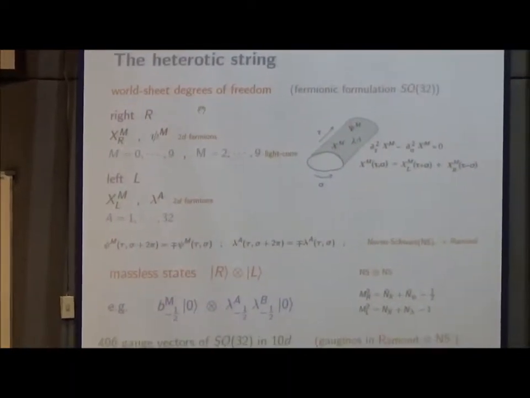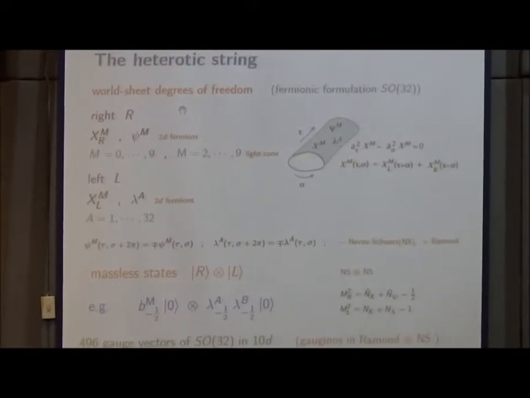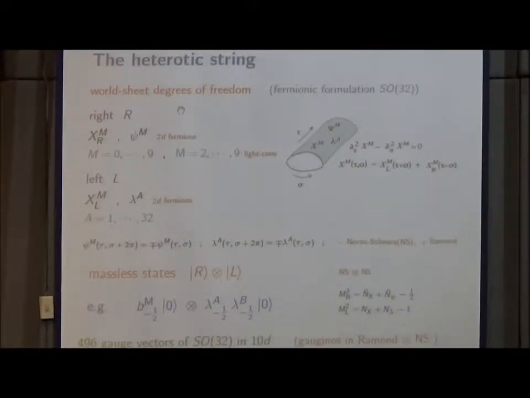Yes, so the heterotic string. Okay. So the main idea is that on the worldsheet, the degrees of freedom for the right sector and the left sector are different. Maybe I will use different notation from Narayan.